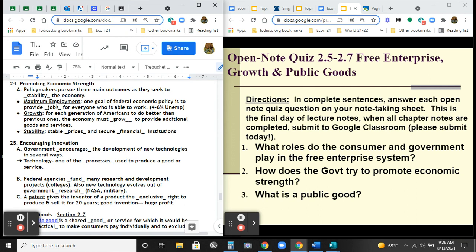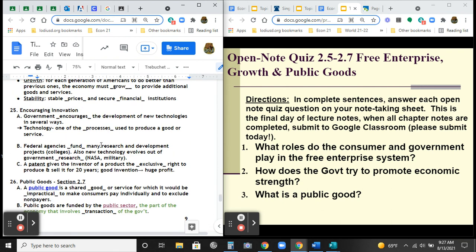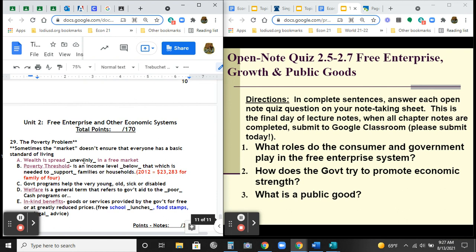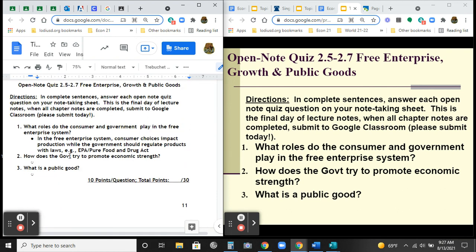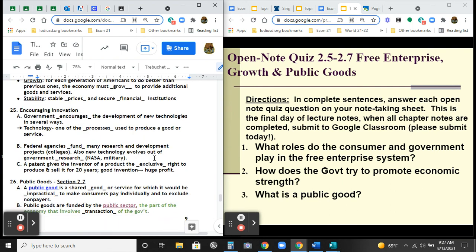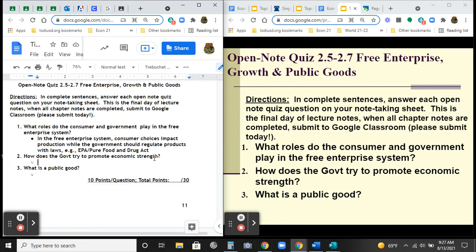Government tries to promote the economy through maximum employment, growth, and stability with prices and laws. They do encourage innovation, and that's also done with government funds on research and development. I would say the government tries to promote economic strength through maximum employment, growth, and stability. That's what I would write.